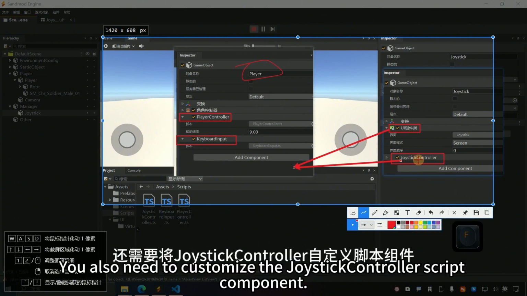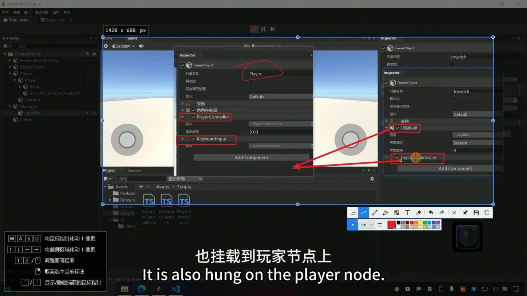You also need to customize the joystick controller script component. It is also hung on the player node.